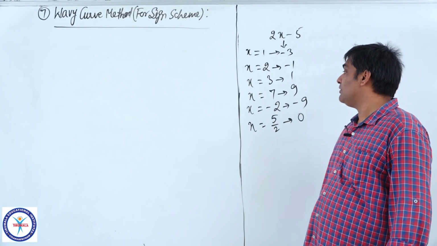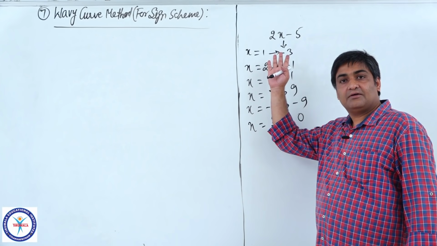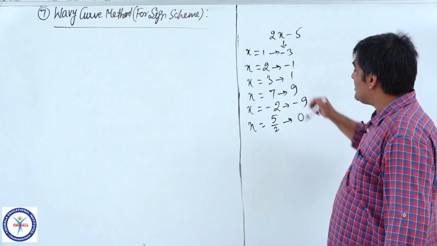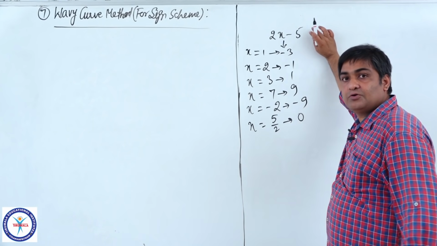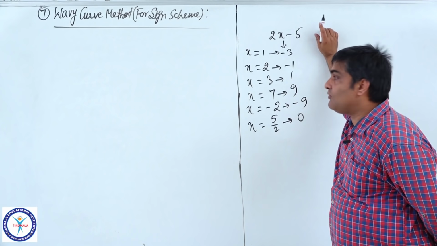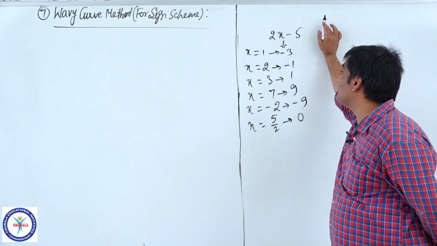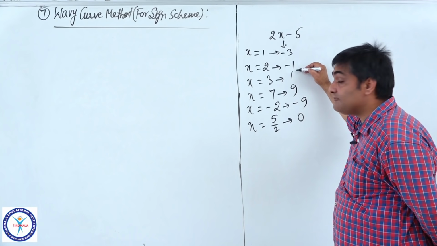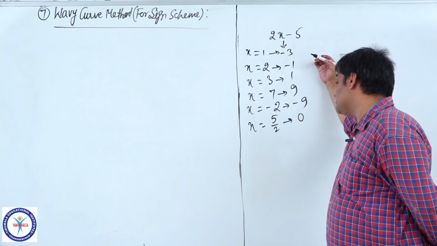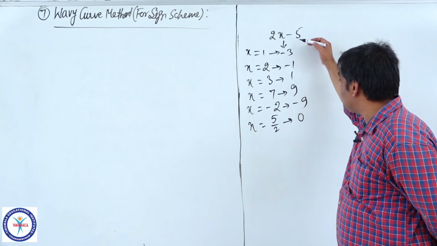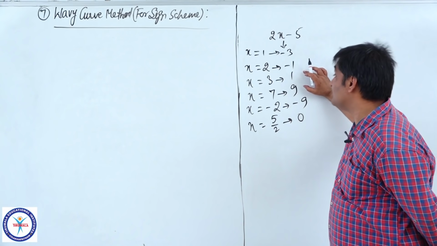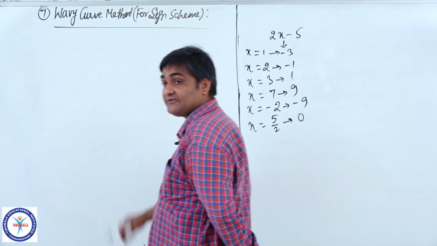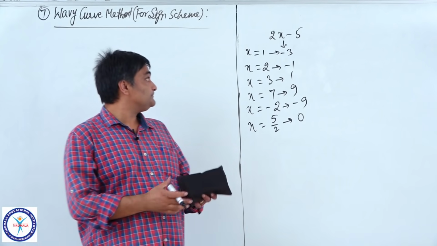So, we are observing that if we go on changing the values of x, for some values of x, the value of this expression is negative. For some values of x, it is positive. And for some value, the value of the expression is 0 also.